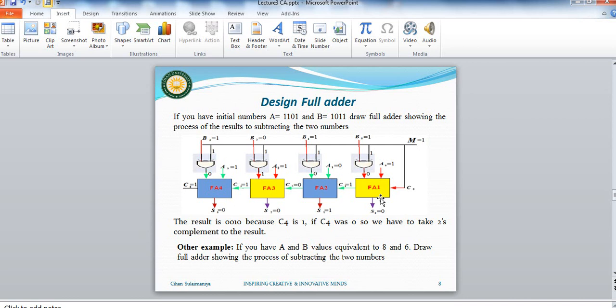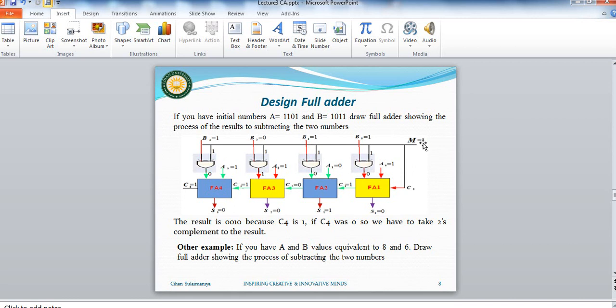Now to make it a better design, if Cn is 1, all the numbers on the XOR are going to be fixed on 1. So we connect Cn and all of these together and make it with something called a modulator.